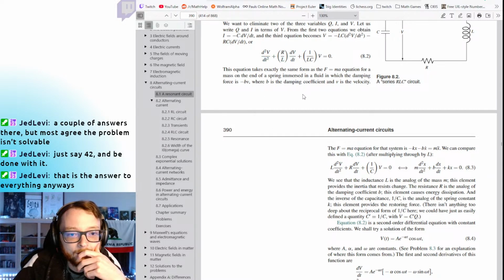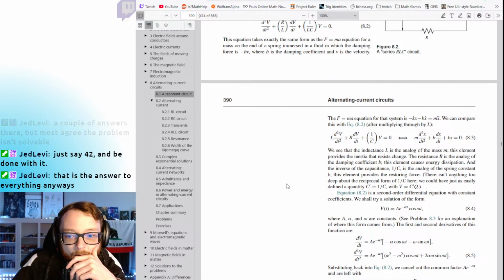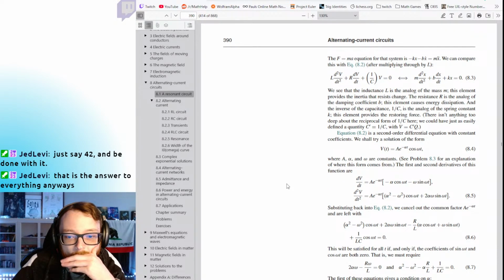Is this the same DPQ that I have? Yeah, it is. It's literally the exact same. Equation 8.2.